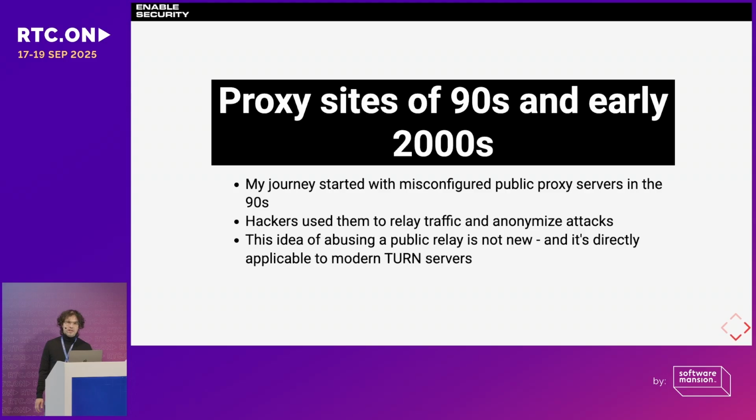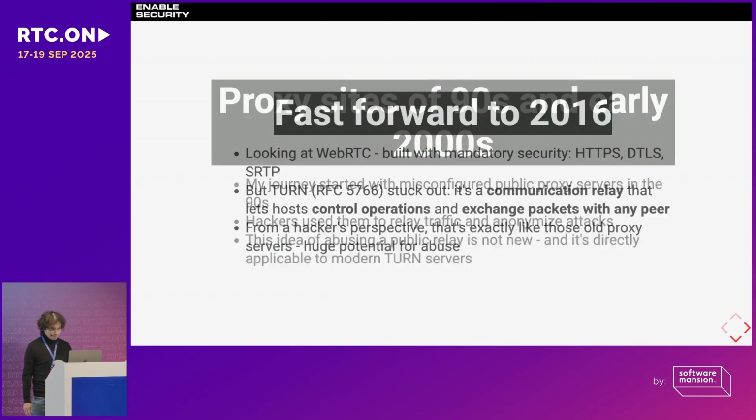And this gave the impression that these hackers could commit crime, essentially, without being discovered by hiding their IP address. Some of these proxies were actually honeypots, but I won't go into that. But the thing is, this same concept of proxy abuse or relay abuse applies directly to TURN servers today.